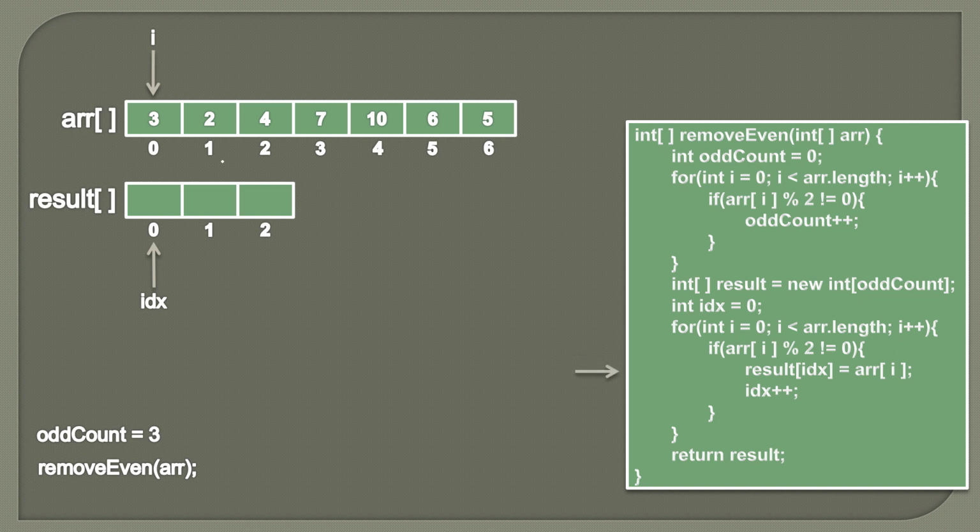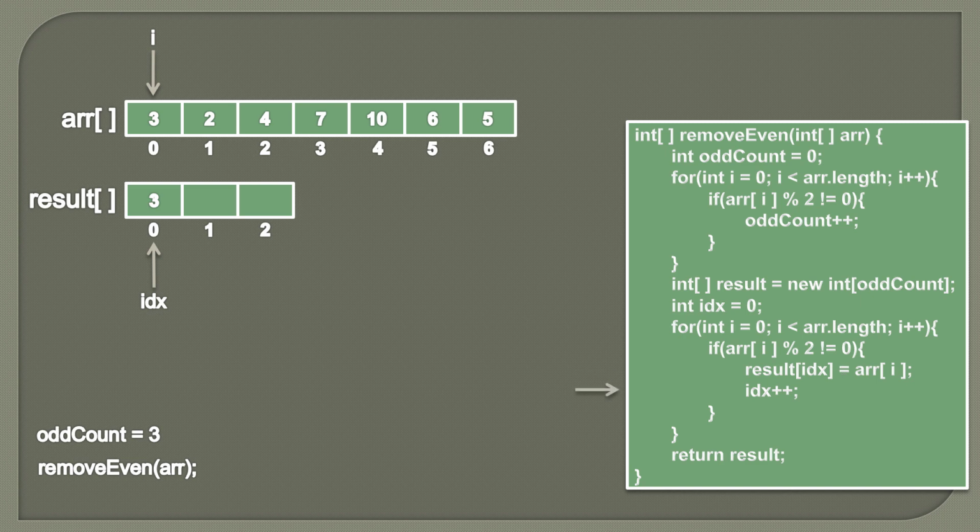So it means we have found one odd integer. So we will assign the value in the array at the ith index, which is the 0th index, which is 3, to the result array at the index 0. So 3 will come here with this assignment.